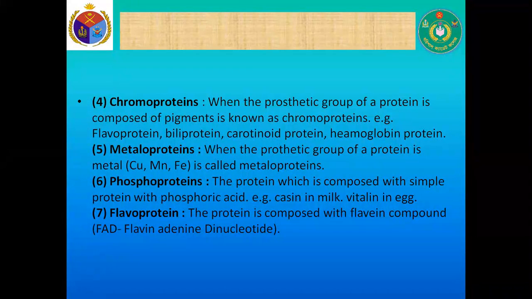Now, phosphoprotein. The protein which is composed of simple protein with phosphoric acid, like casein in milk, vitellin in egg, etc. Now, lastly, flavoprotein. The protein is composed with flavin compounds like flavin adenine dinucleotide, and is called flavoprotein.